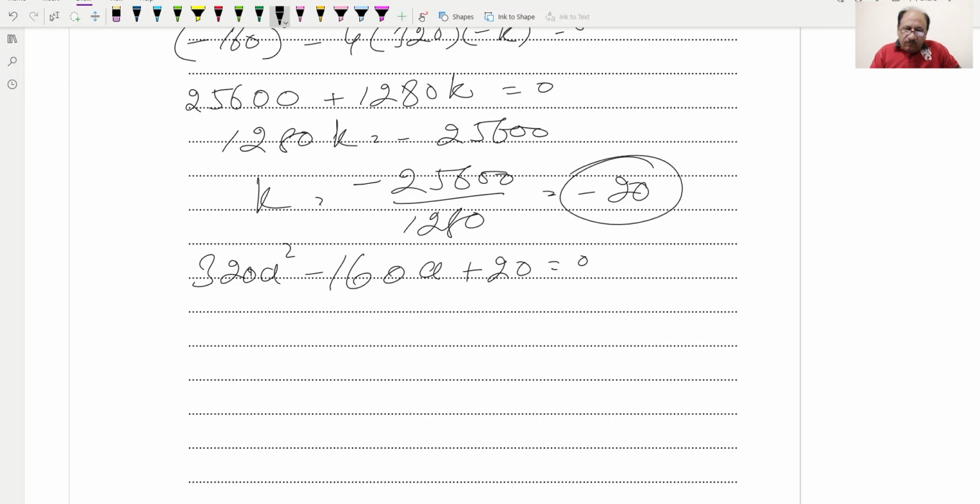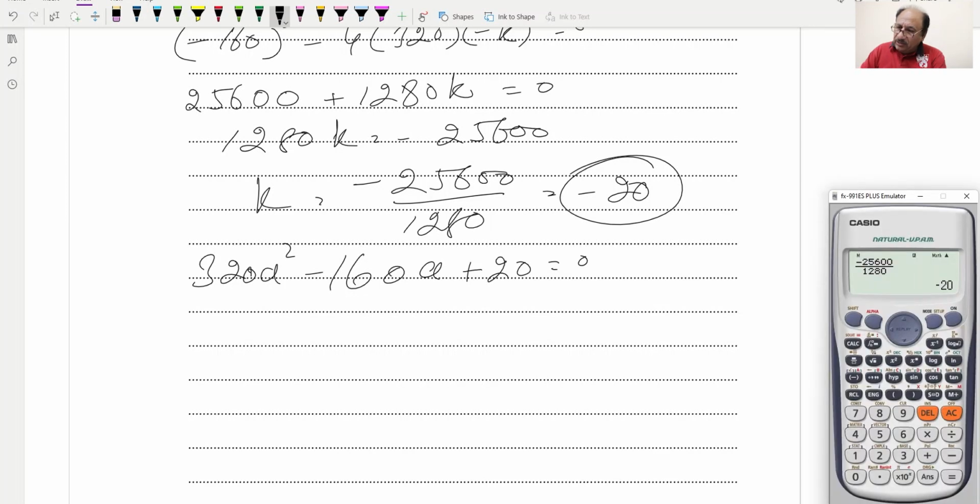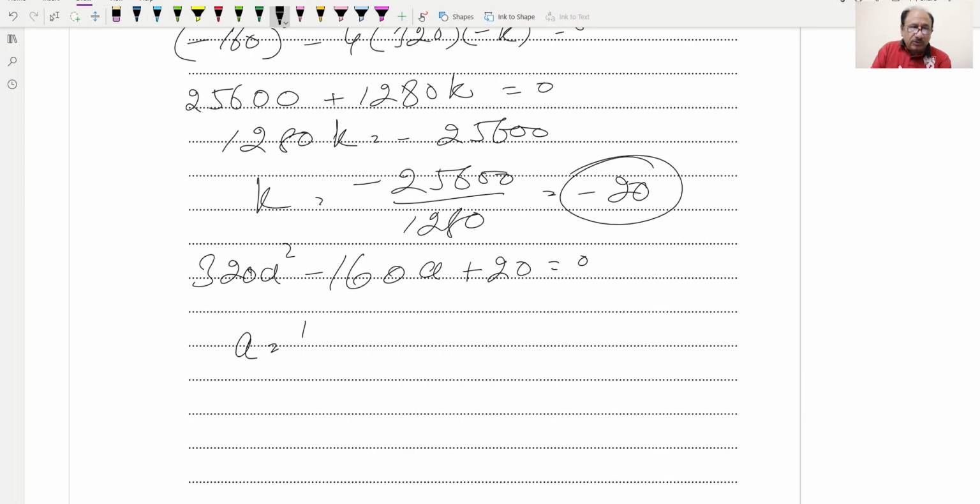And now we can find the a value, and this will be 320 and minus 160, and the constant is 20, so it will be giving us only one solution, which is 1 by 4. So we can write a is equal to 1 by 4.